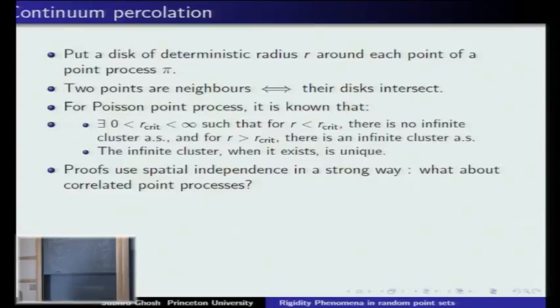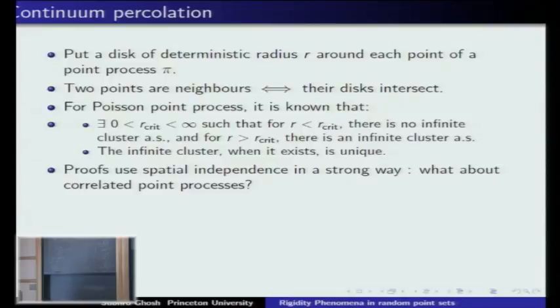For example, let me sketch a part of the proof of the uniqueness of the infinite cluster. It follows the famous Burton and Keane type argument. Suppose we want to rule out the event that there are two infinite clusters.